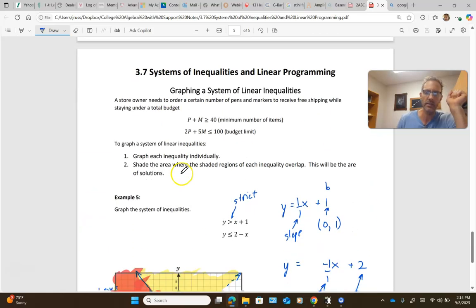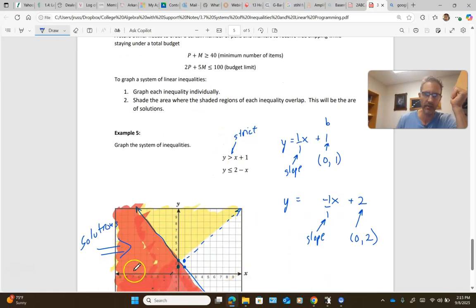Now, in the context of this example problem, you could graph both of these if you wanted. You would have to let maybe the x-axis represent the number of pins, and then maybe the y-axis represent the number of markers, and so you would have to solve each of these for m and do it that way.